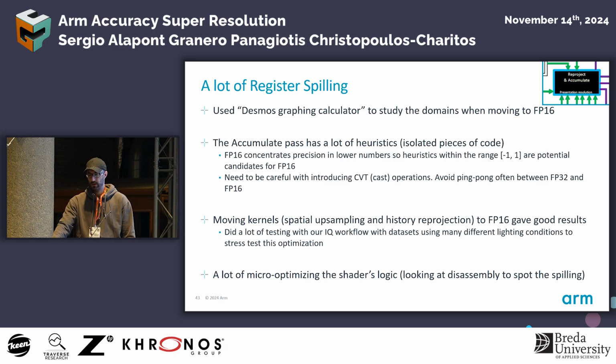We also moved the code around the spatial upsampling and history projection to FP16, since these functions operate on color data, and 16-bit is often good enough for those, especially on mobile. The final thing was micro-optimizations in the shader logic, basically moving things around until the Mali offline compiler stops reporting spilling. Yeah, usual stuff.